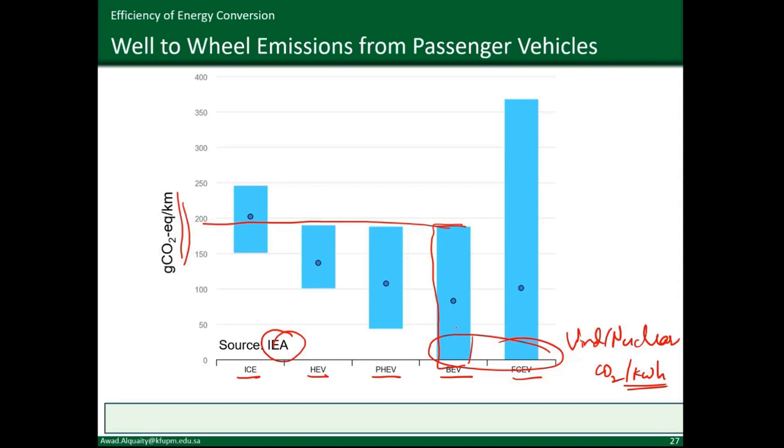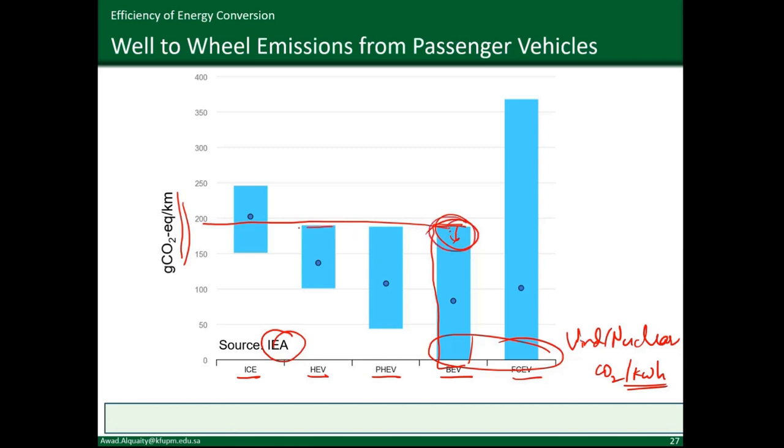And this variation is because it depends on how you're powering your vehicle. What is the source of electricity generation? If you're burning coal, of course, it's going to be on the higher side. If you're burning natural gas, it might be slightly lower, right? But it also depends on the efficiency of the power plant. So it depends on the fuel and on the efficiency, but it can be as high as this.